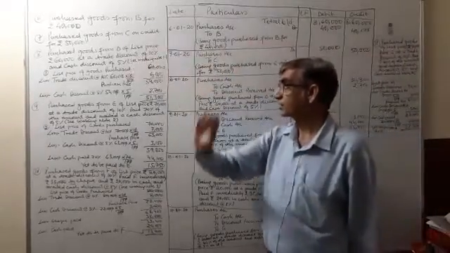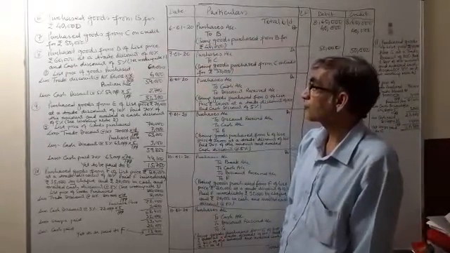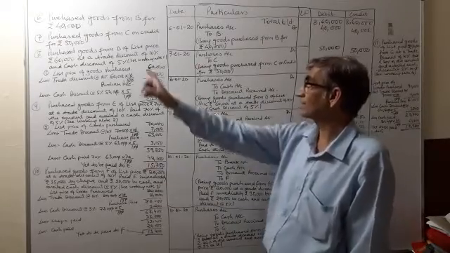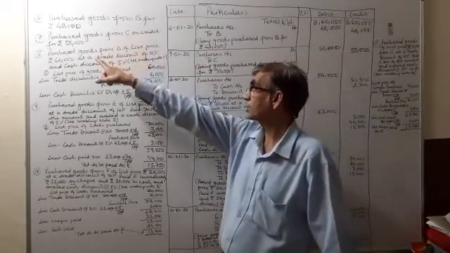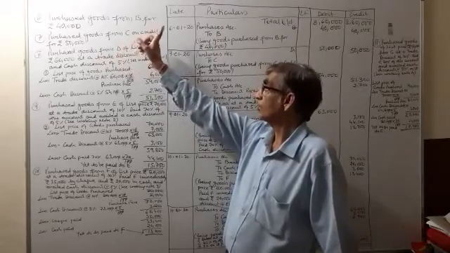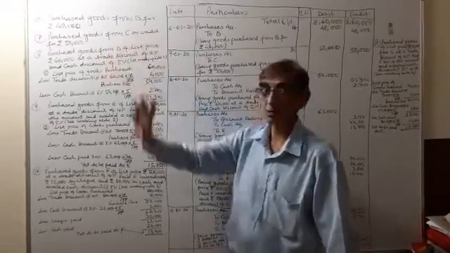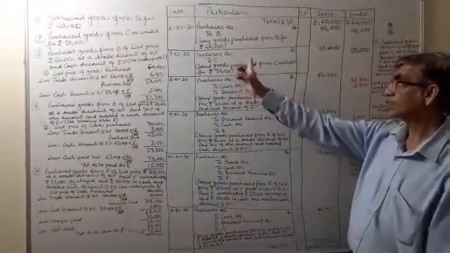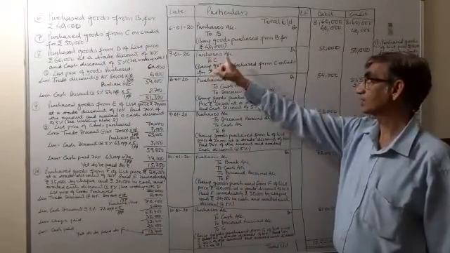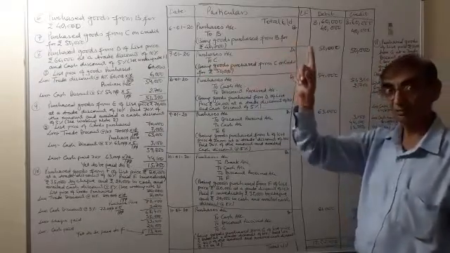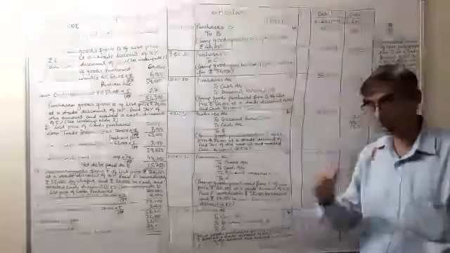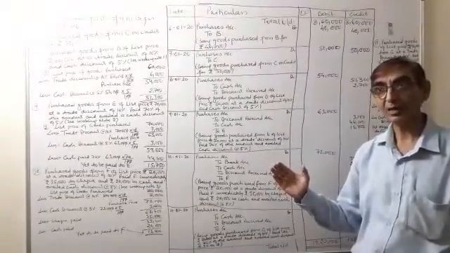Now the seventh transaction, purchase goods from C on credit for rupees 50,000. Here it is clearly mentioned that we have purchased goods from C on credit for rupees 50,000. So again, what is coming in? Goods are coming in. Purchases account debit. When the goods are coming in, purchases account will be debited, and when the goods are going out, sales account will be credited.